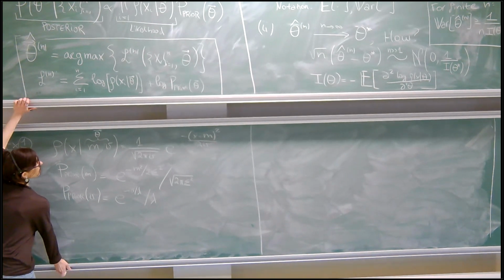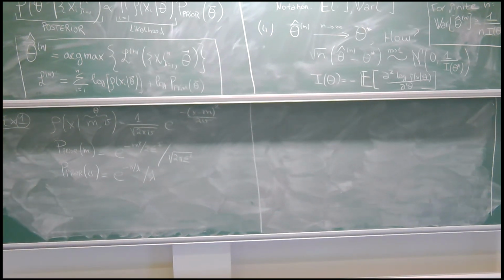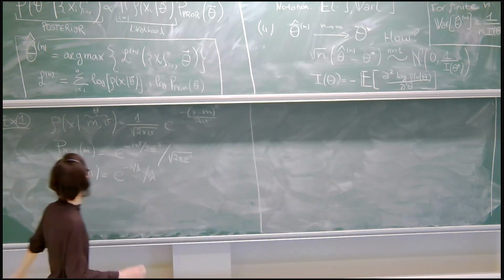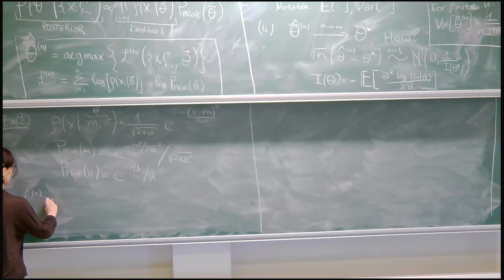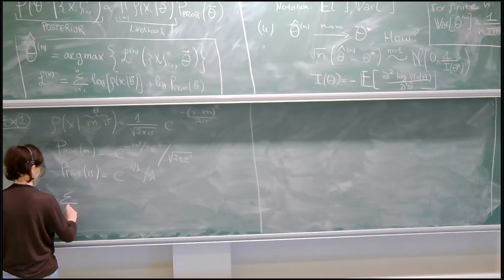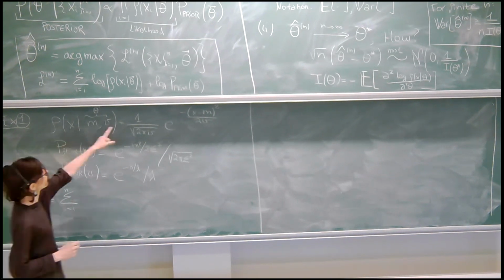So of course, the first thing that we have to do is to compute the log likelihood. So what is the log likelihood in this case? Well, what we have to do is to take the sum over all the data that we have of the log of this distribution.